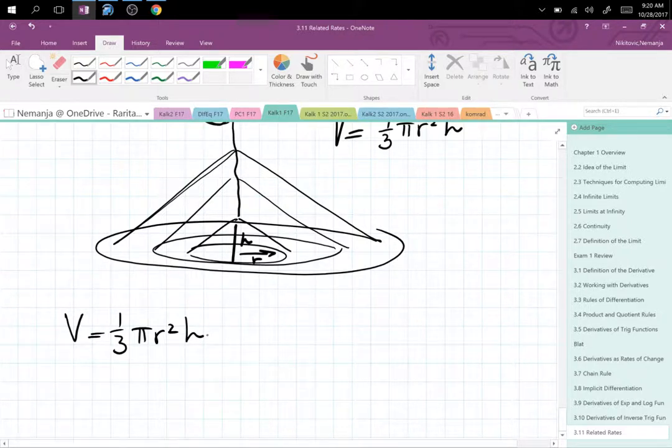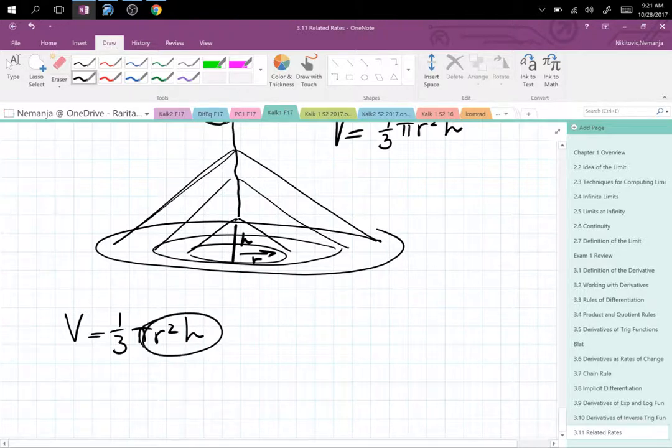So think, is the volume changing in time? Yes, we have more sand, more rocks, whatever. Is the radius changing in time? Yes, because it's becoming wider. Is the height changing in time? Yes. All three letters that we have are variables.